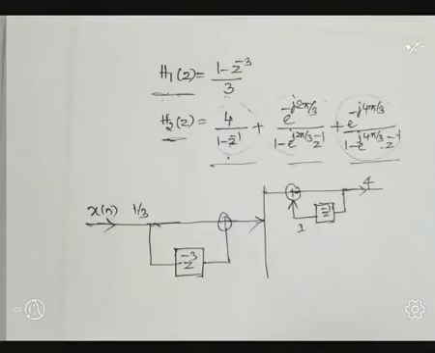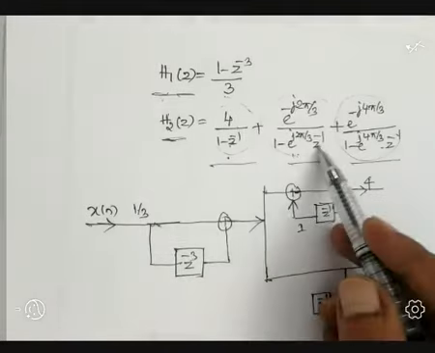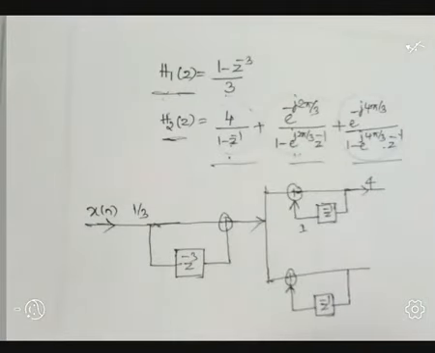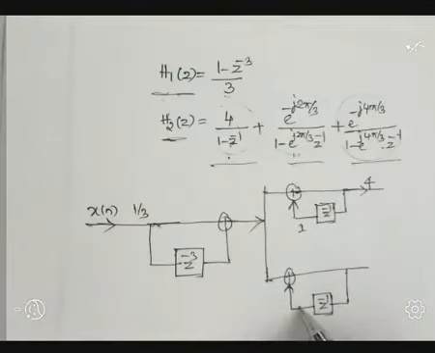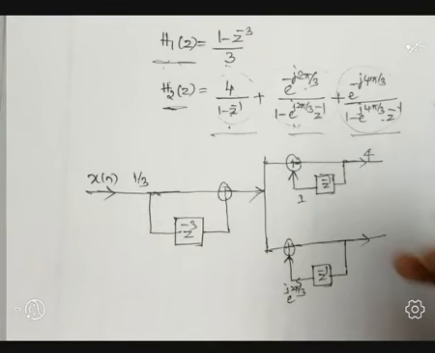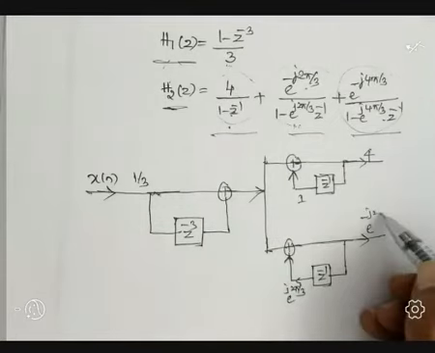Next, coming to this term, so observe the denominator, one time delay is there. Okay, multiplied by the coefficient term, e to the power j 2 pi by 3. Then this is multiplied by what? My e to the power minus j 2 pi by 3.